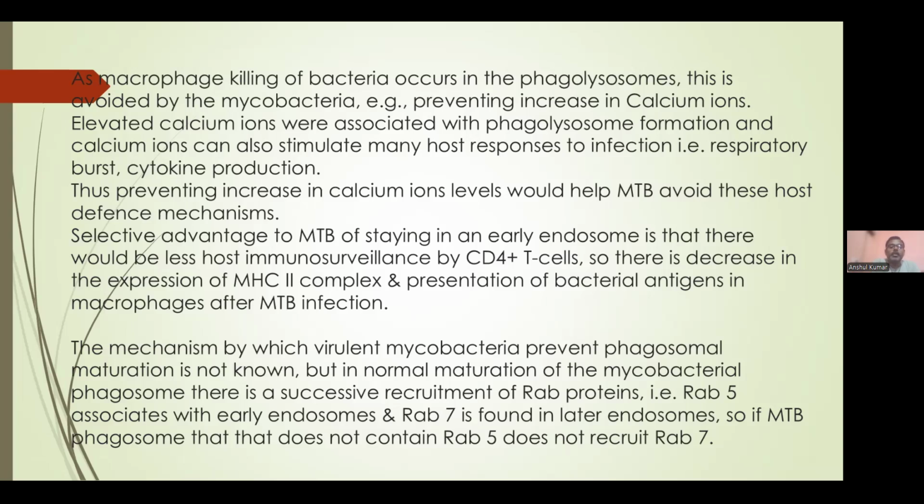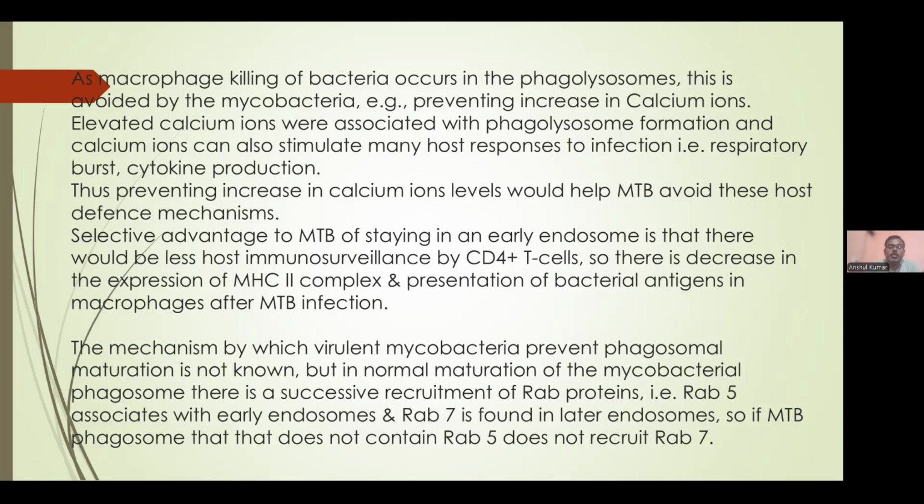The selective advantage for Mycobacterium tuberculosis of staying in an early endosome is that there is less host immunosurveillance by CD4 plus T cells. There is a decrease in the expression of MHC2 complex and presentation of bacterial antigens in macrophages after MTB infection. The mechanism by which virulent mycobacteria prevent phagosomal maturation is not known.